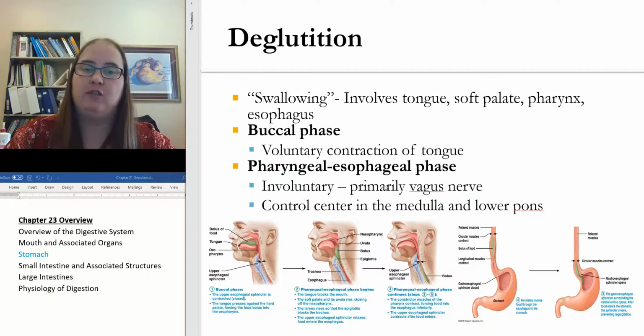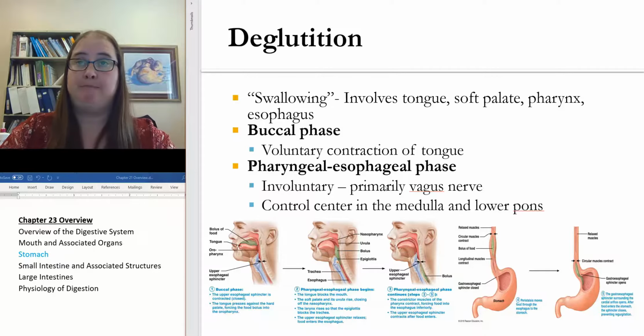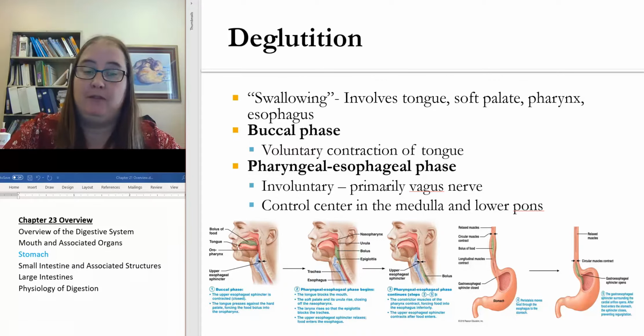And then there's the pharyngeal esophageal phase, which is the involuntary phase in which the vagus nerve drives the contraction of the muscles within the esophagus and the pharynx to move that bolus down through the esophagus via a peristalsis reaction. So what happens is the following.